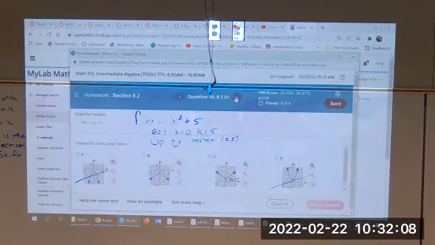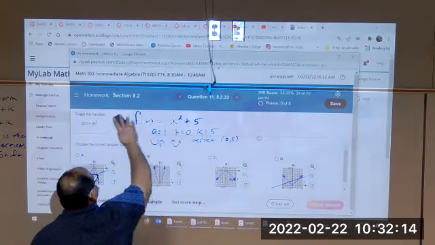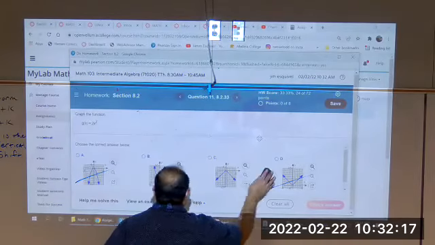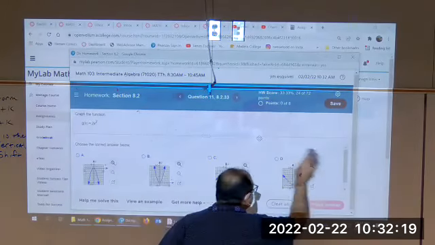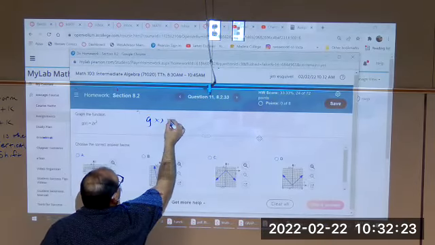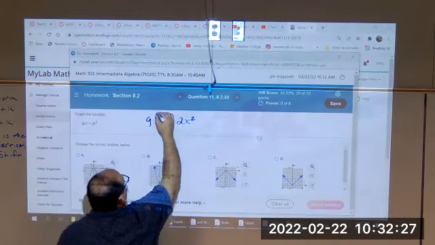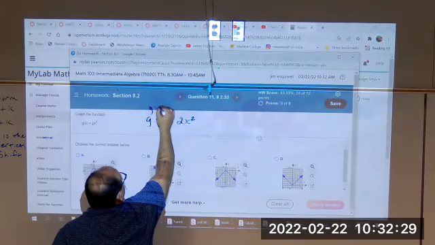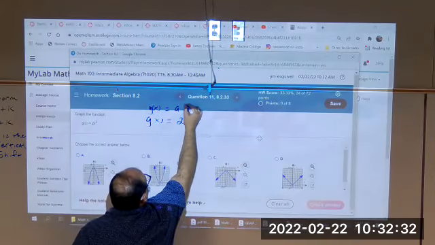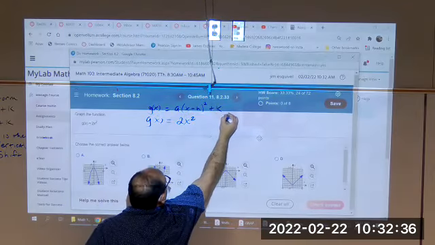That's the value. This one, g of x is 2x squared. G of x equals 2 times x squared. So if we make our little matchup, g of x is a parentheses x minus h squared plus k.